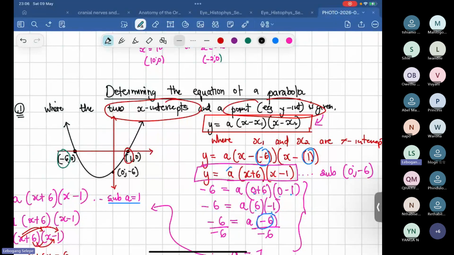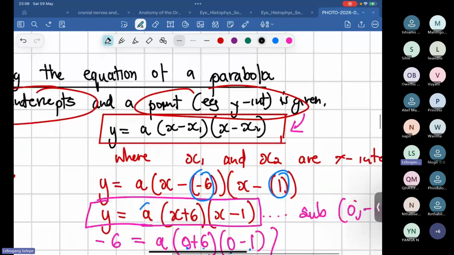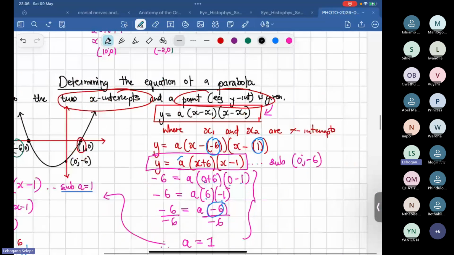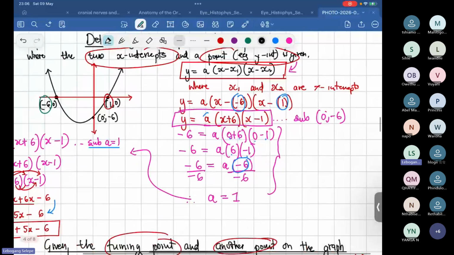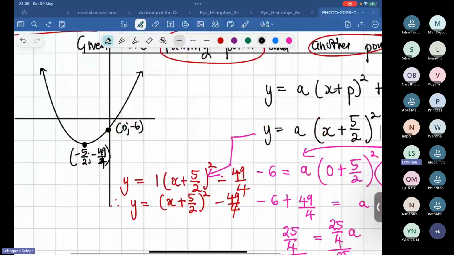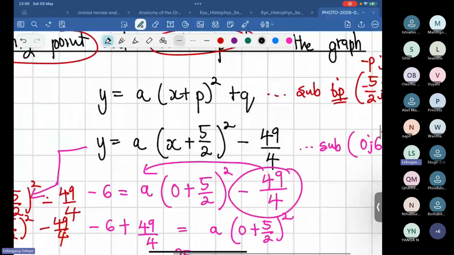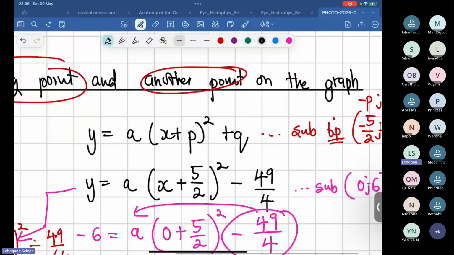It's either you're going to determine the equation when you are given the 2 x-intercepts on the graph and a point on the graph, which is when we use this format or equation, because it allows you to substitute the 2 x-intercepts, right? Then, as we did here, if you are given the turning point and another point on the graph, you use this format because it allows you to substitute the coordinates of the turning point and work your way around it.